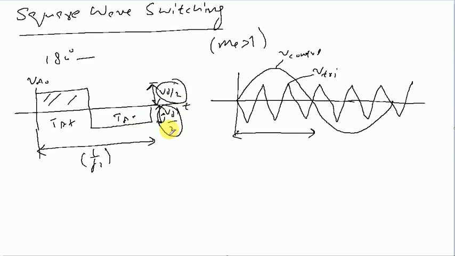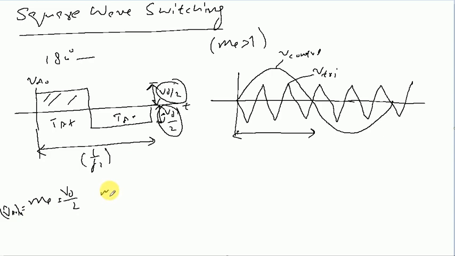So this is how we'll have this representation, and as we had mentioned, the frequency of the output signal, the desired frequency, will be the same as that of this carrier signal. So basically we can see over here that it has the same frequency as this one. In the previous cases there was a connection with the amplitude modulation ratio, that is MA times VD by 2, which was equal to the fundamental component of the output voltage.